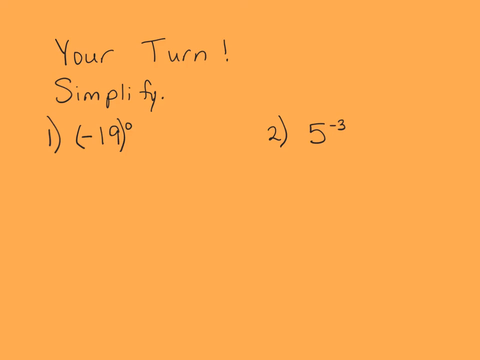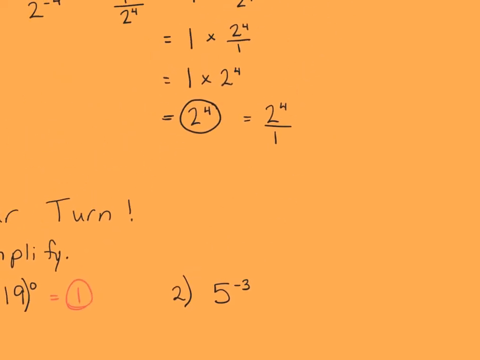Okay, so for number 1, you'll notice that negative 19 is in a parenthesis, meaning that everything in that parenthesis is together, and we're going to raise it to the 0 power. So everything is raised to the 0 power. That means it equals 1. Be careful.